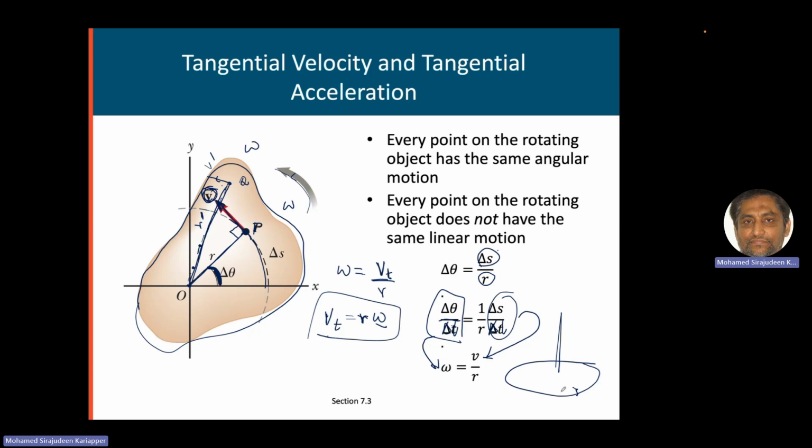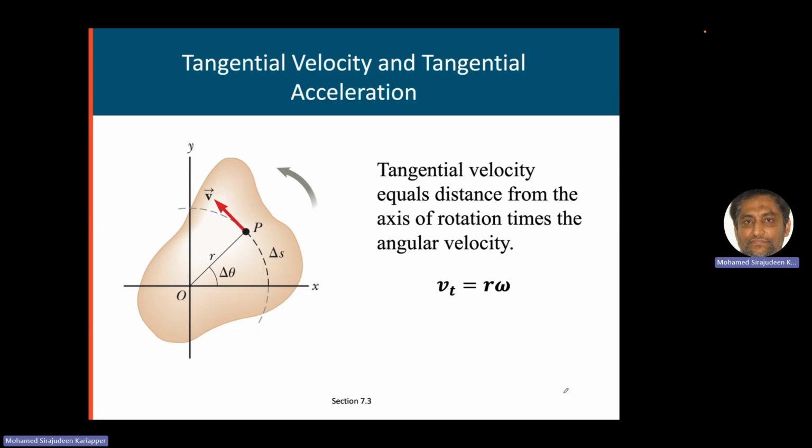The person here and the person here will have the same omega, but they will have different tangential velocity. The further away you are from the axis of rotation, the greater will be the tangential velocity. Tangential velocity equals distance from the axis of rotation times the angular velocity omega.